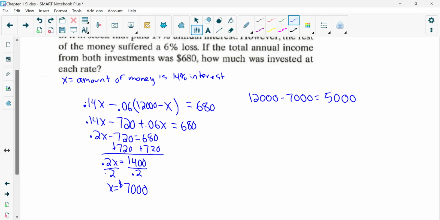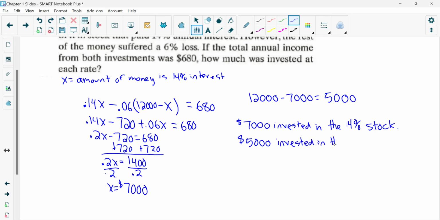There was $7,000 invested in the 14% stock, and there was $5,000 invested in the 6% loss.